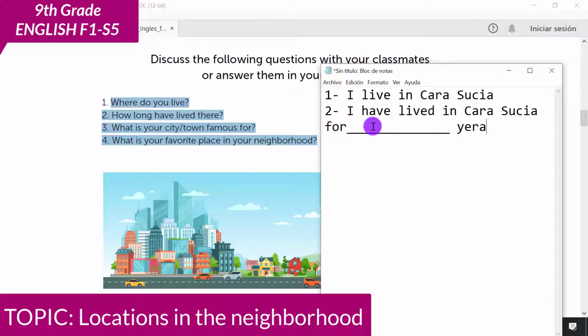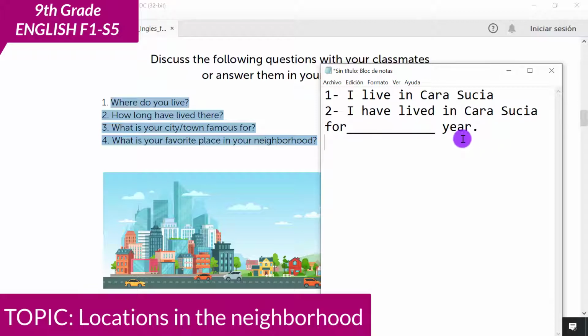For example, you may have lived in Cara Sucia for 7 years, for 3 years, for 4 years, or for 10 years, okay? Depending on how much time you have lived in the place, you write in that spot how long you have lived there, okay? Escribes ahí por cuánto tiempo has vivido in the city.